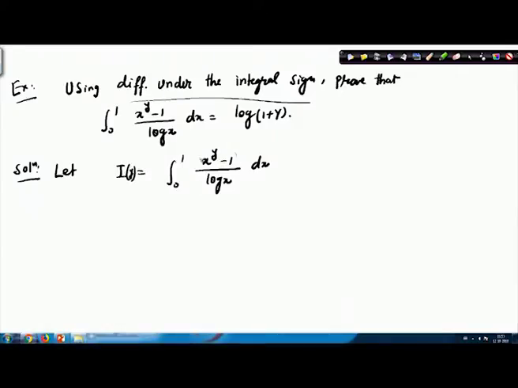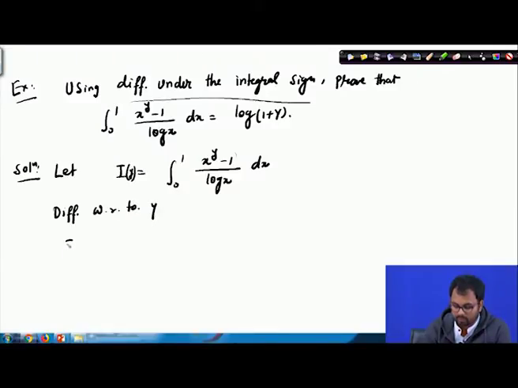It does not involve any badly behaving functions, and the partial derivative with respect to y would also be continuous. So, we can differentiate this function now. Let us differentiate with respect to y.